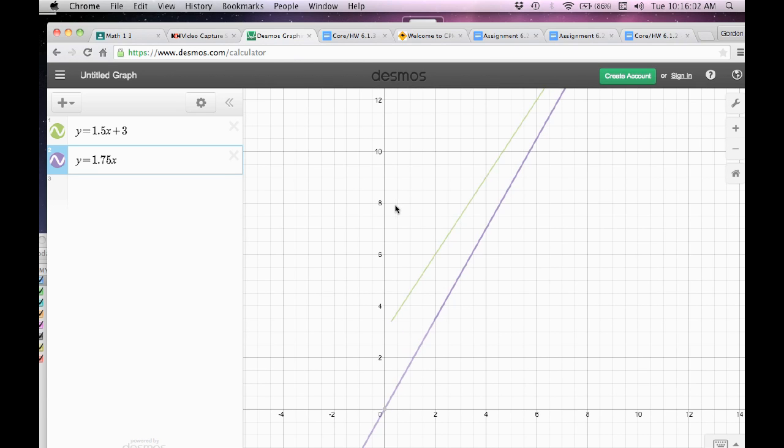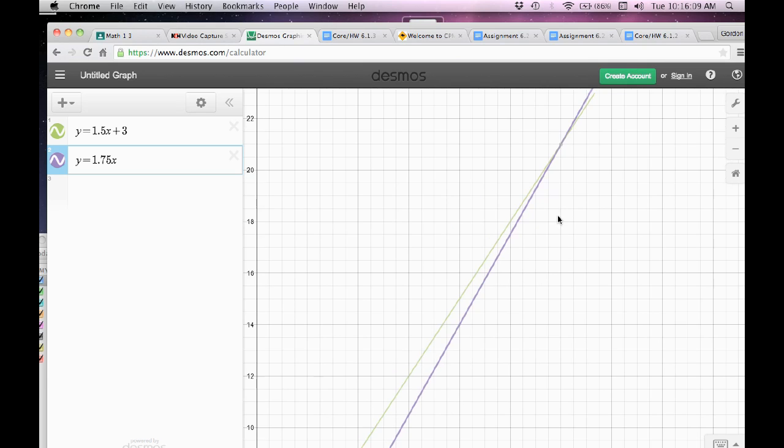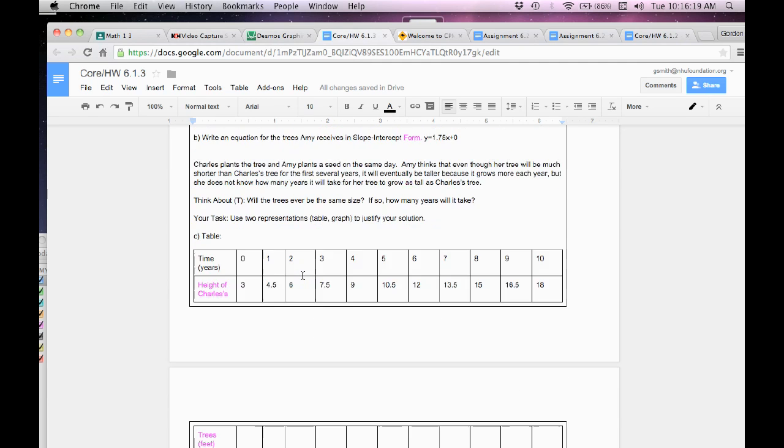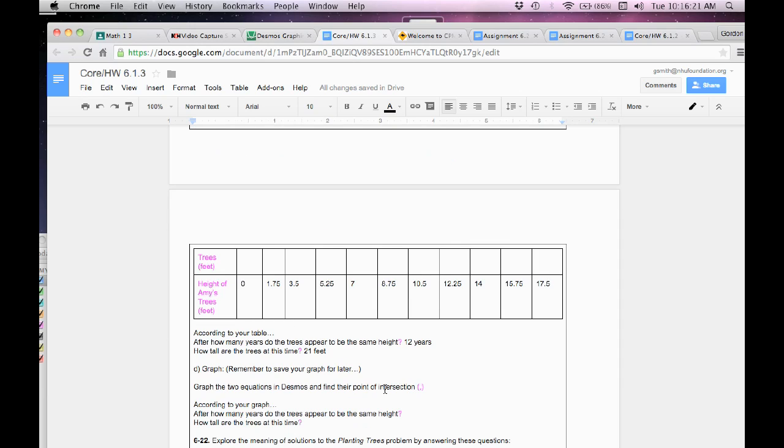And we can see that the two lines are crossing here. Just to be sure, Charles's starts at 3 feet tall, Amy's starts at 0 feet tall, but at 12 years, we see that they are both 21 feet tall.